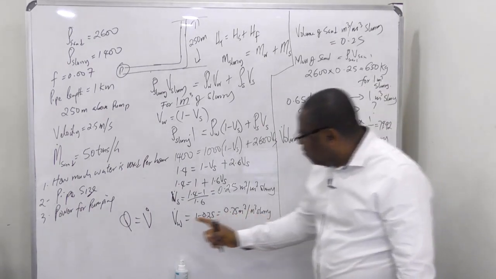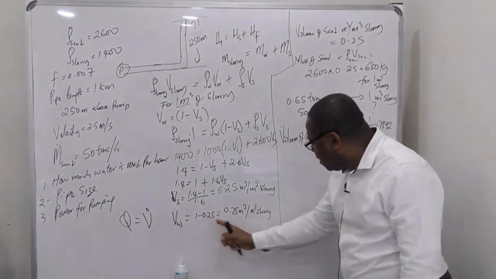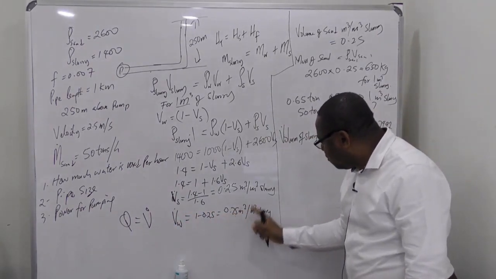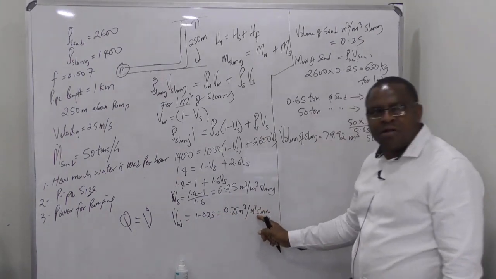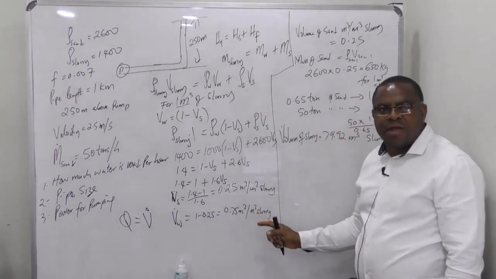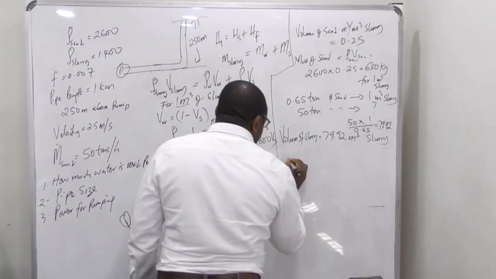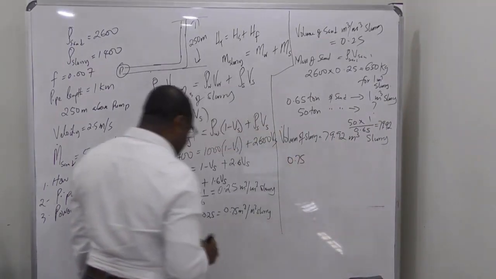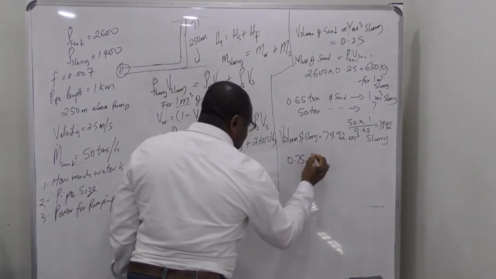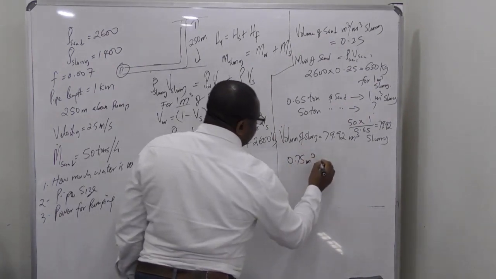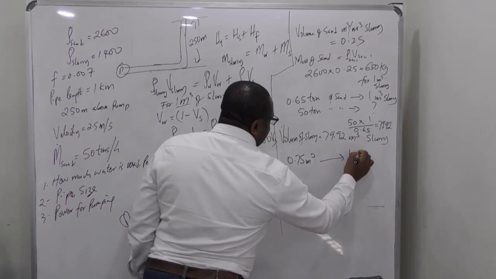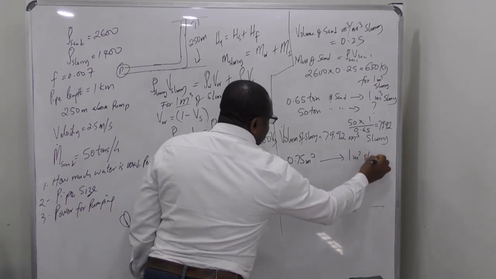Remember that when we got the volume of water, it is 0.75 meter cube per meter cube slurry. Okay? That's just per meter cube. So 0.75 meter cube is for 1 meter cube slurry.